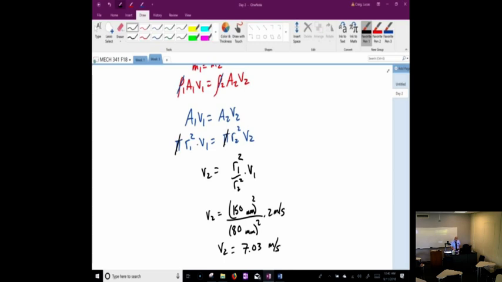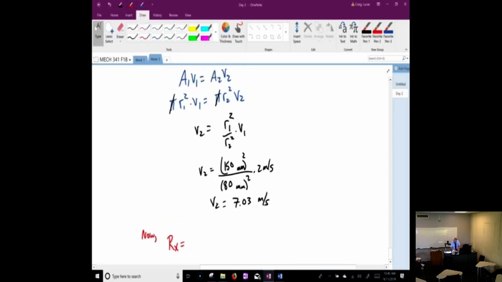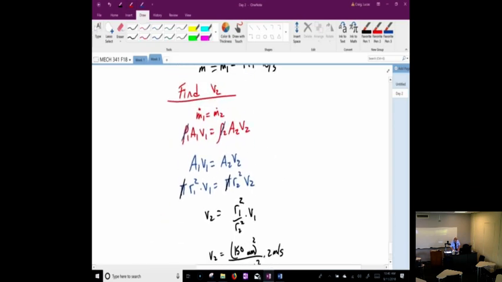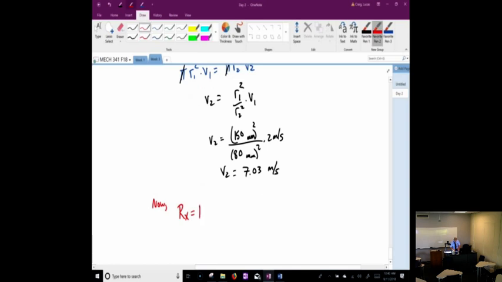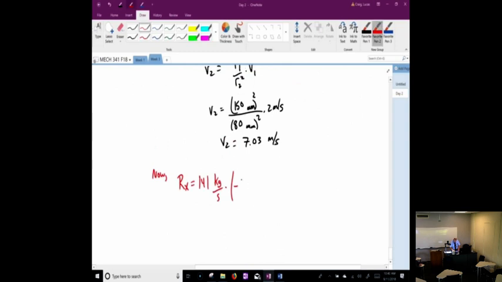And now we can find this, right? This is, what was it, m dot first? Yep. What's that number, 141 kilograms per second times negative V2? Minus 2 meters per second.